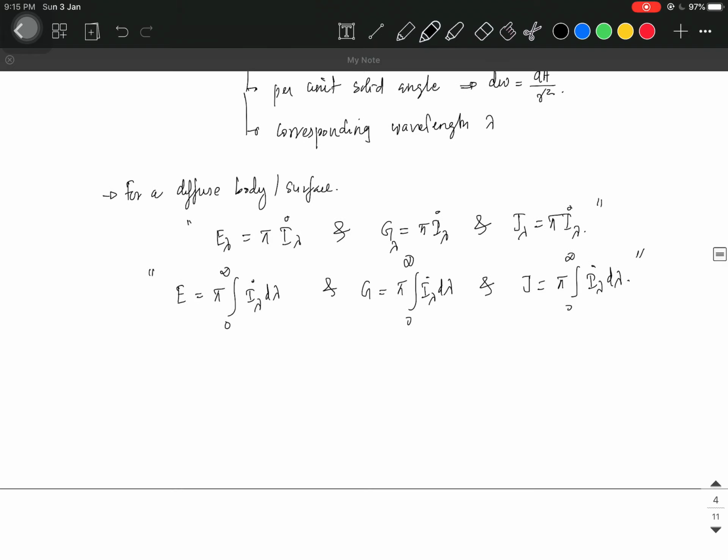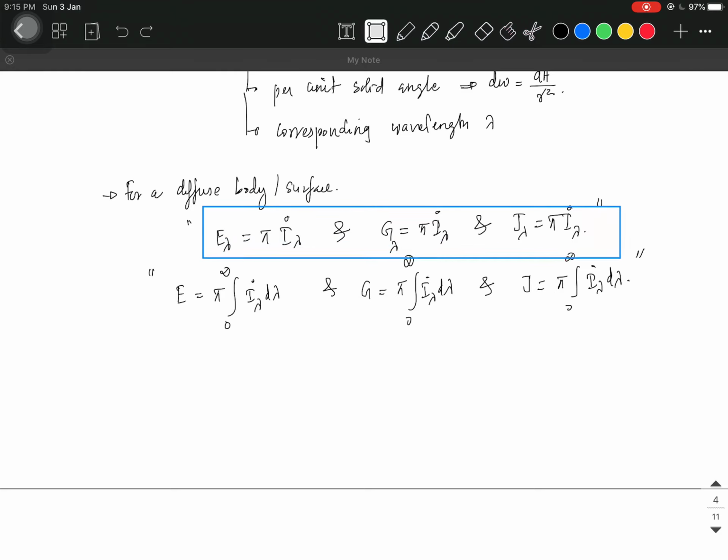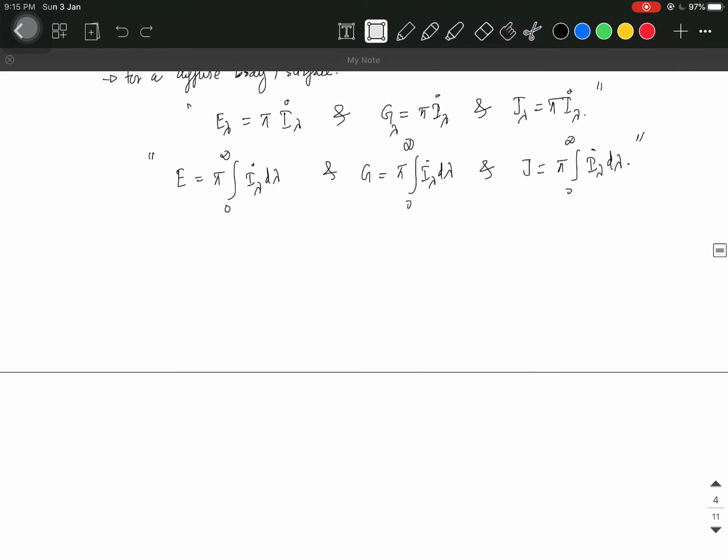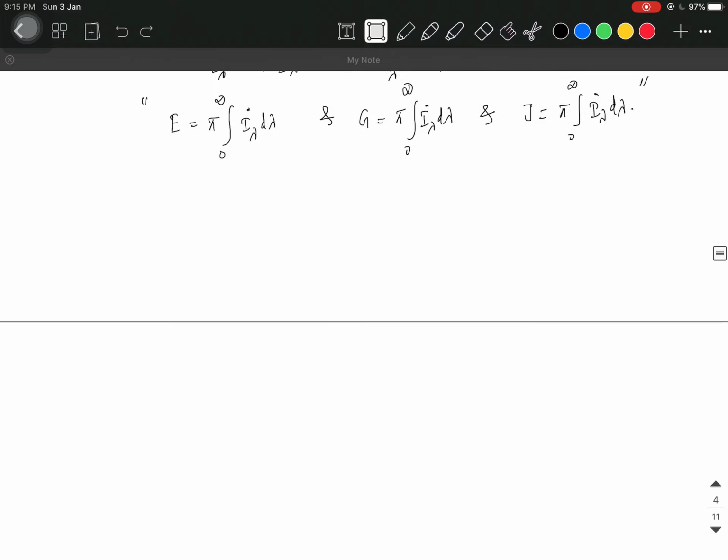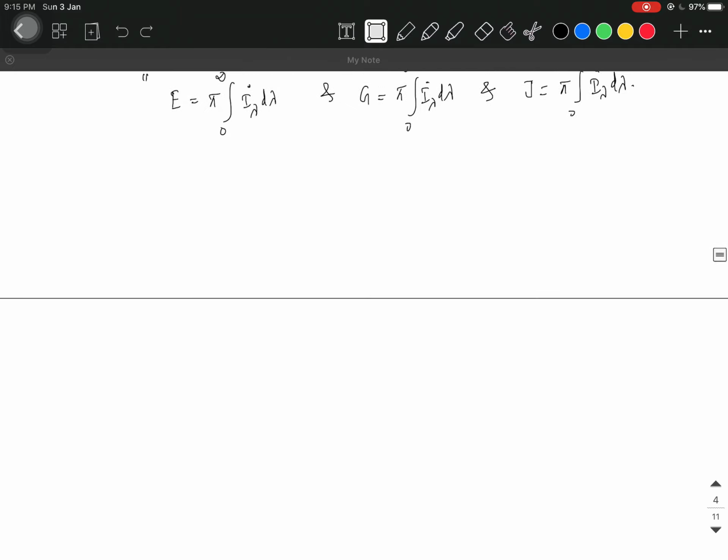These equations are only for diffuse bodies or diffuse surfaces. Remember this set of equations, which are very important, and we will be dealing with them in the next lectures.